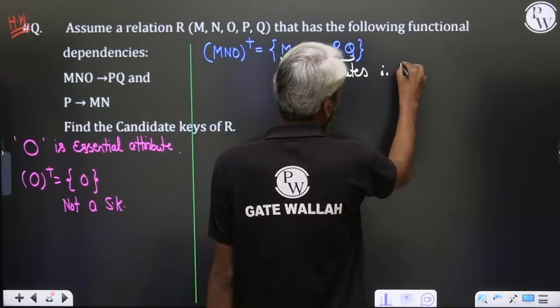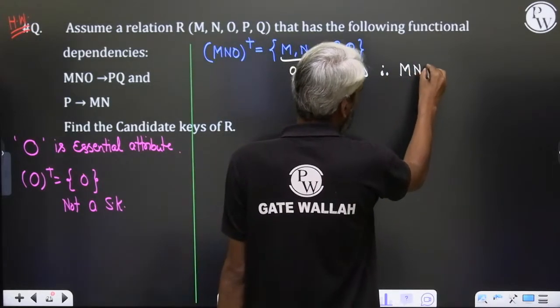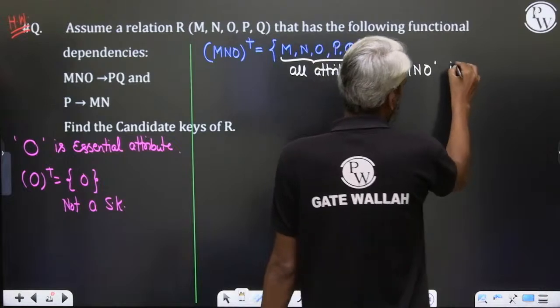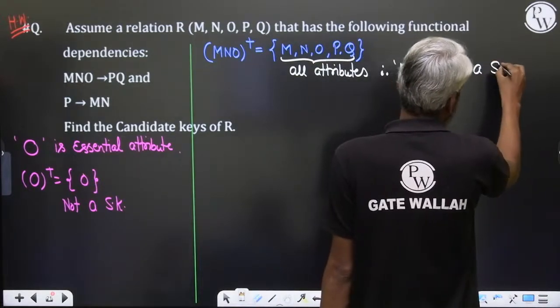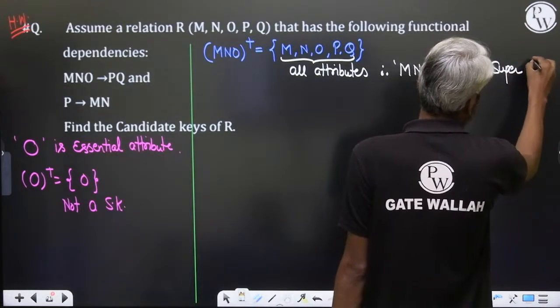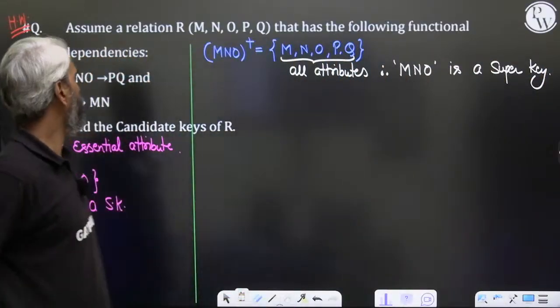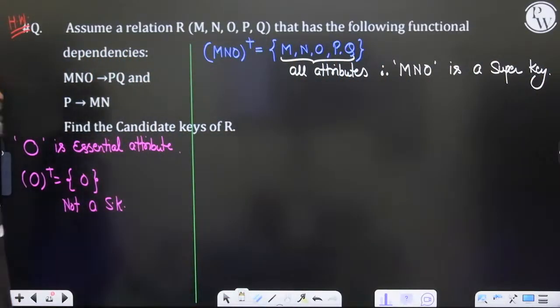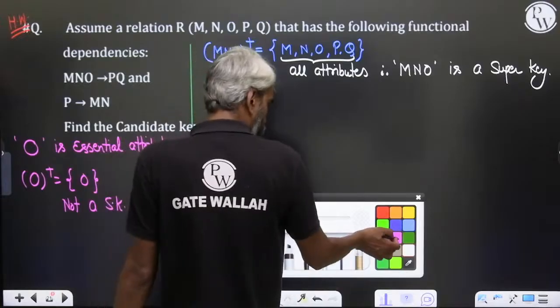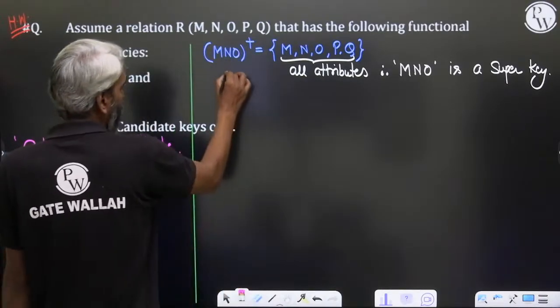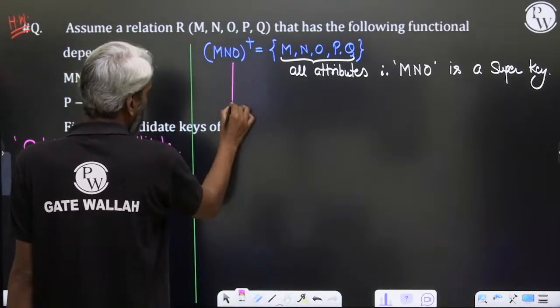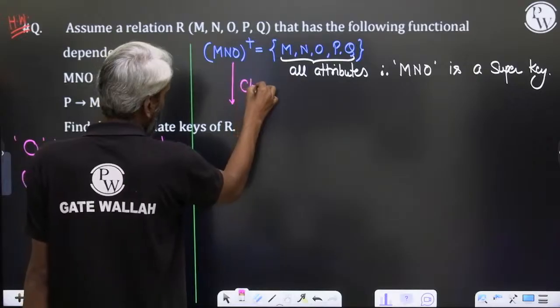Therefore, MNO is a super key. MNO is a super key. Now, please look at this. Sir, check for candidate key.